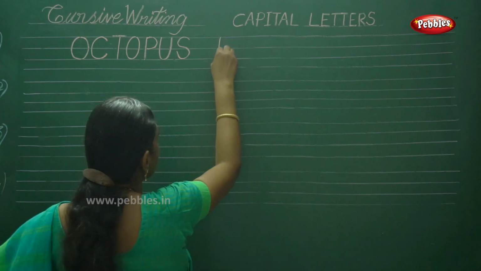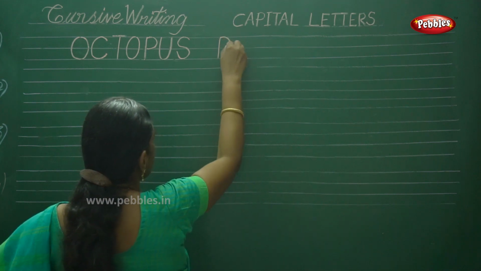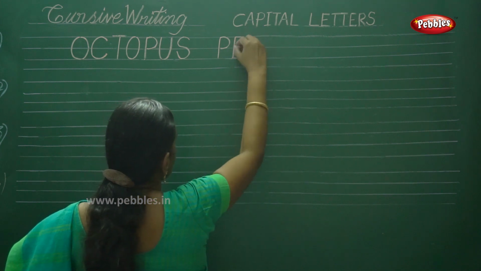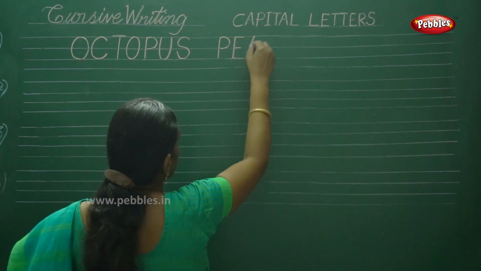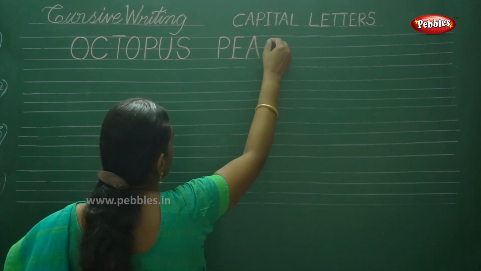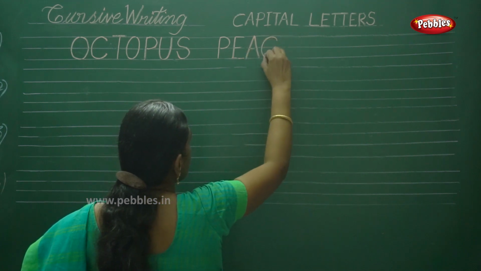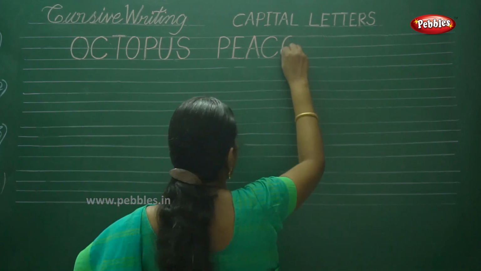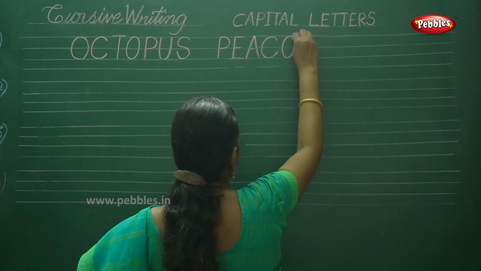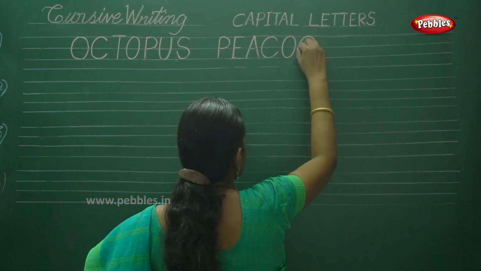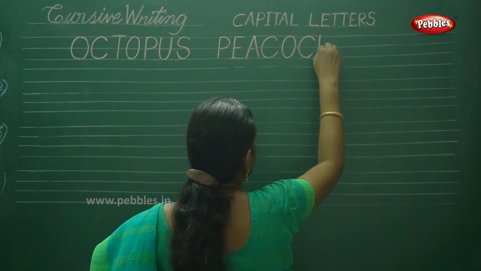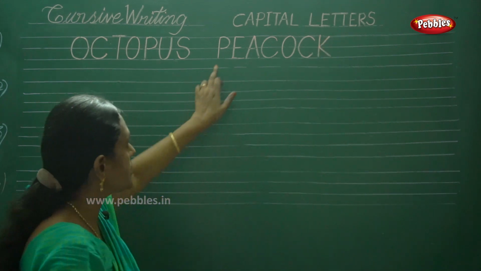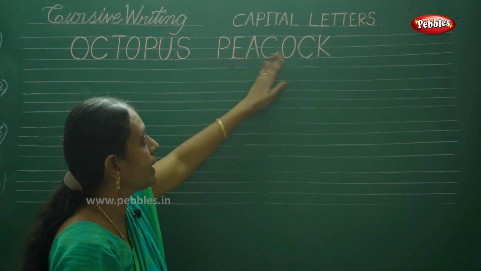Then P, peacock, P, E, A, C, exact C, crescent shape C, and O, C and K. Observe each letter spacing is similar to that of the end of the word.